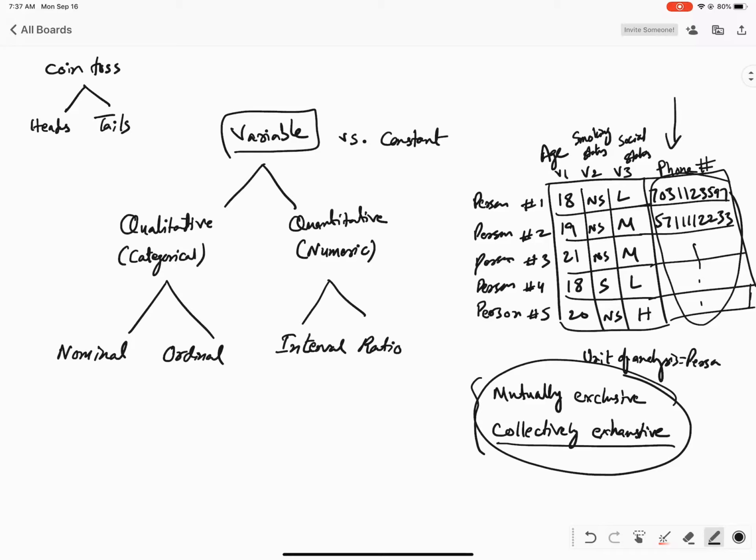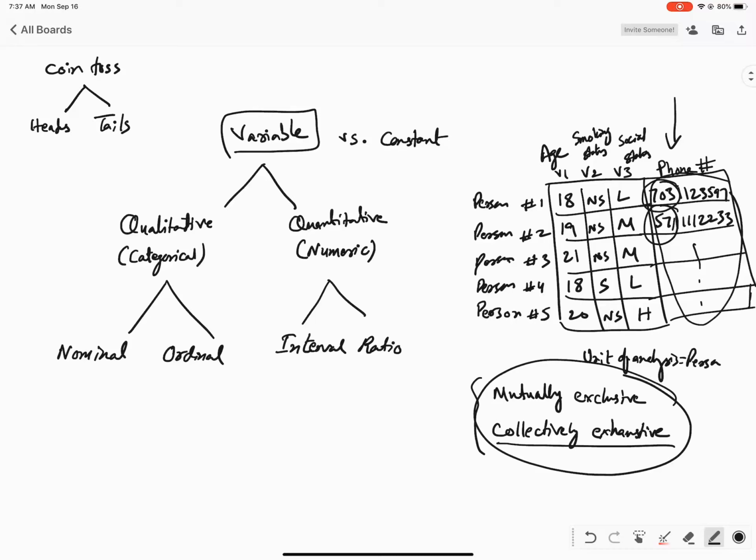I cannot, for example, say that I'm person number 1, my phone number starts with 703, and that's a better or bigger phone number than 571, because 571 is a smaller number. That is a ridiculous, nonsensical statement. 703 and 571 here are just area codes. They just mean that the person's phone number belongs to a different region, a different geographical area. Other than that, these numbers have no significance.